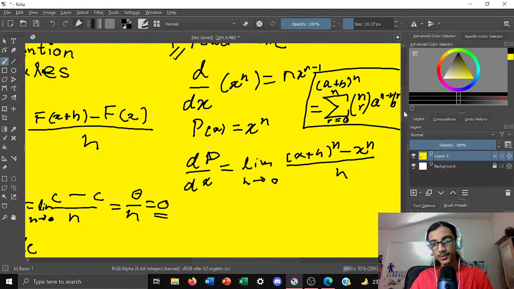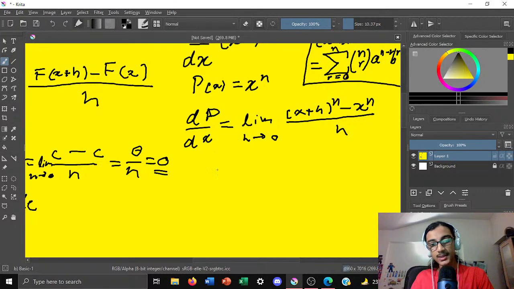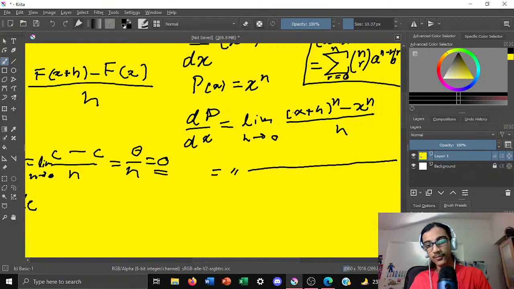This is the binomial expansion theorem, and we're going to be using that here, but don't worry, it simplifies quite a bit. So basically we can say this is going to be equal to the limit as h approaches 0. I'm not writing it again, but hopefully you get the point. And now we're going to open this up, right? So this tells me that the first term is of course going to be x to the power n, right? Next term is going to be n x to the power n minus 1 into h, just using the binomial expansion theorem.